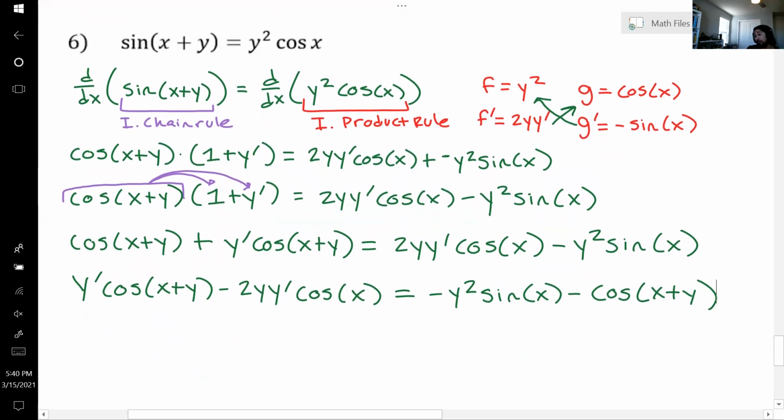Okay. And now remember, after all of this mess, we're still solving for y prime. So what could we do on the left side? We can factor out the y prime.